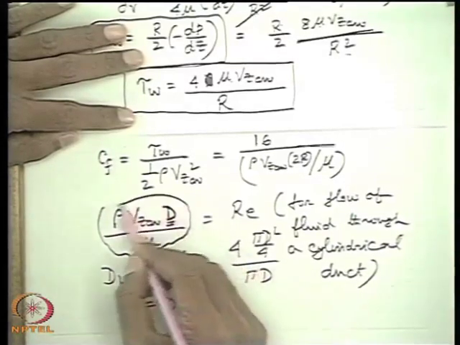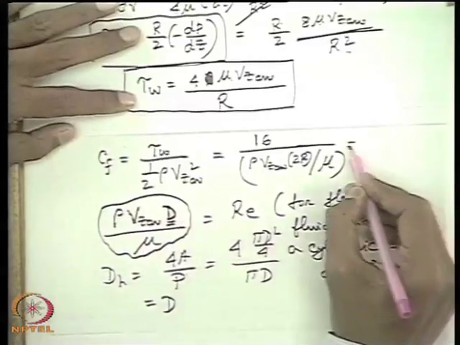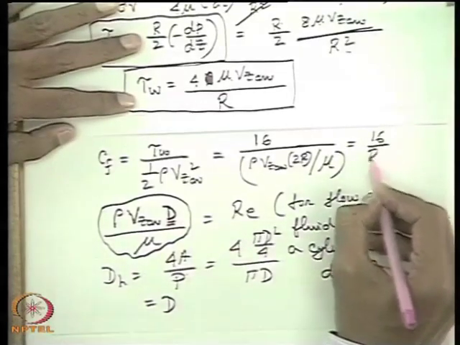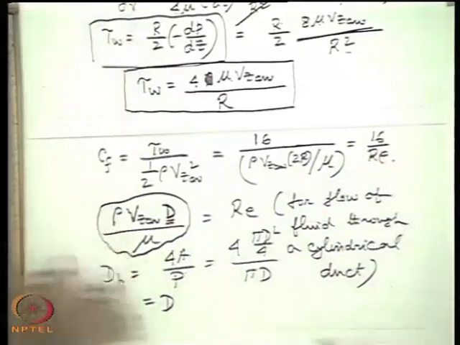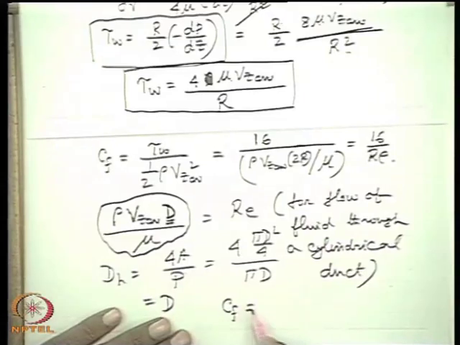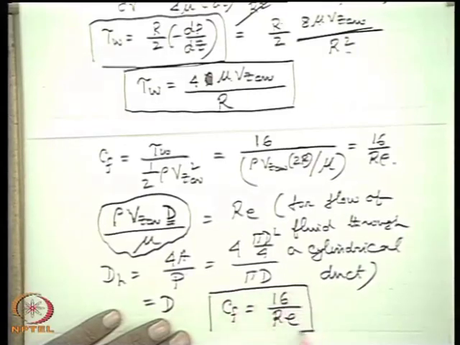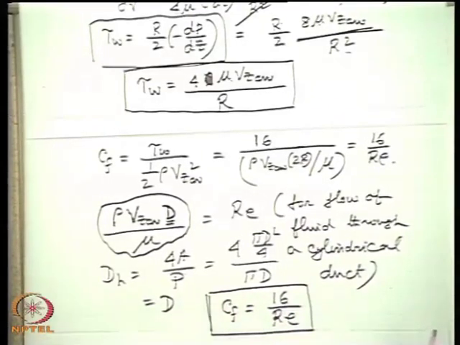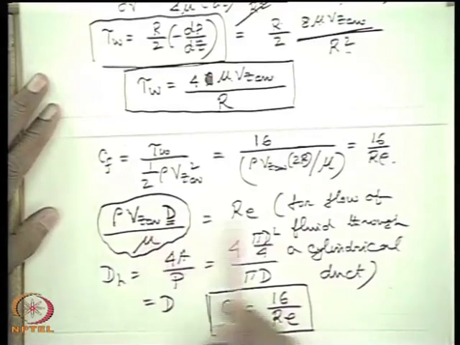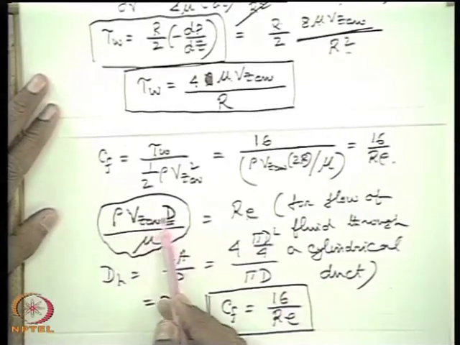We will come to it again. So therefore Cf is 16 by Reynolds number, which is very important: in pipe flow, Hagen-Poiseuille flow, Cf is 16 by Reynolds number. It is inversely proportional. In case of plane Poiseuille flow, it was 12 by Reynolds number. Cf is 16 by Reynolds number. So the Reynolds number definition is rho Vz average D by mu.